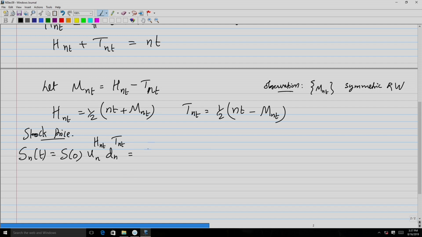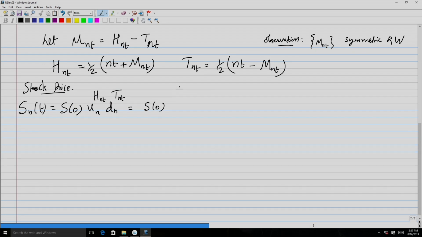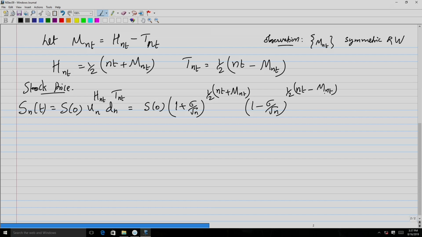So, we can express this as S_0 times (1 plus sigma over root n) to the power half of (n_t plus M_{n_t}) and (1 minus sigma over root n) to the power half of (n_t minus M_{n_t}).